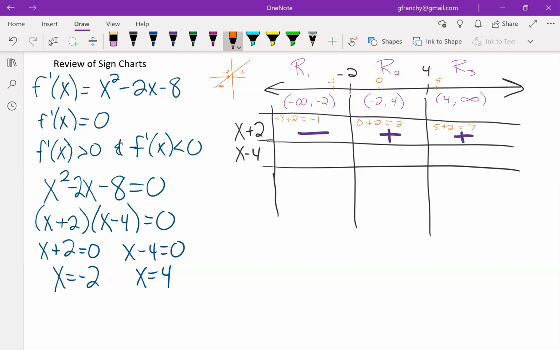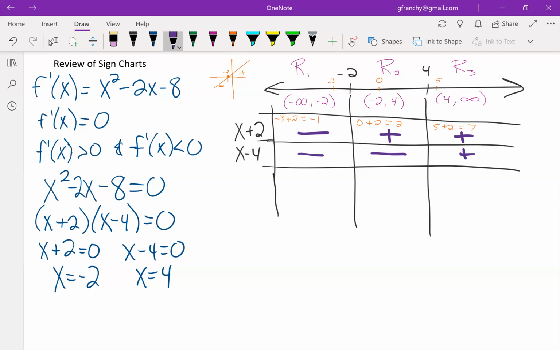It's a linear factor with a positive slope, so it's going to be negative till it becomes positive, and then it stays positive. And let's go ahead and use that approach on x minus 4. We know that x minus 4 until it hits 4 is going to be negative, and then it's going to be positive.